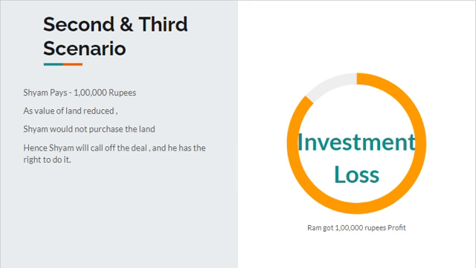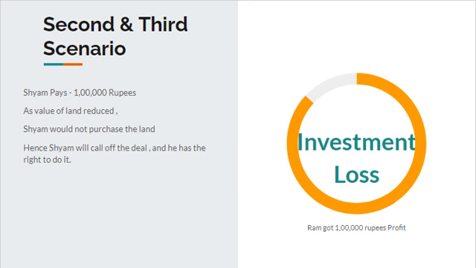In these three scenarios, out of 3, in only one situation the buyer is in the profitable zone, whereas in 2 out of 3 situations, the seller is in the profitable zone. So if you talk about percentages, 33% favors the buyer, 67% favors the seller.